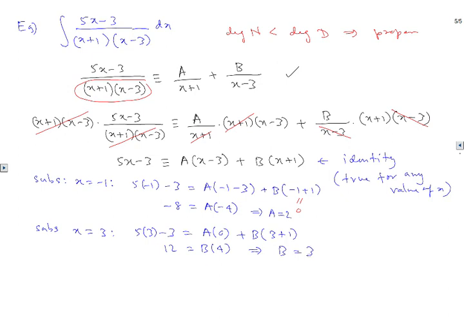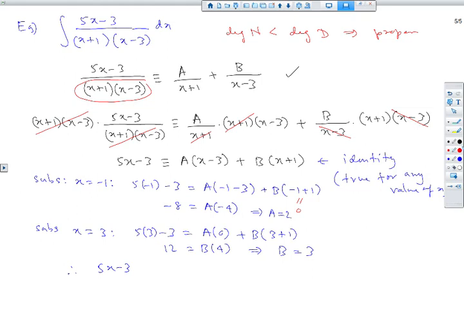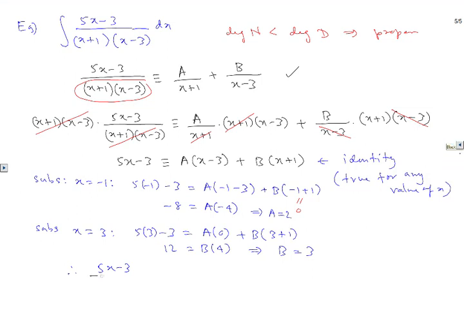After we find a and b, we substitute them into the form. So your form (5x minus 3) over (x plus 1)(x minus 3) now equals a, which is 2, so 2 over x plus 1, plus b, which is 3, so 3 over x minus 3.